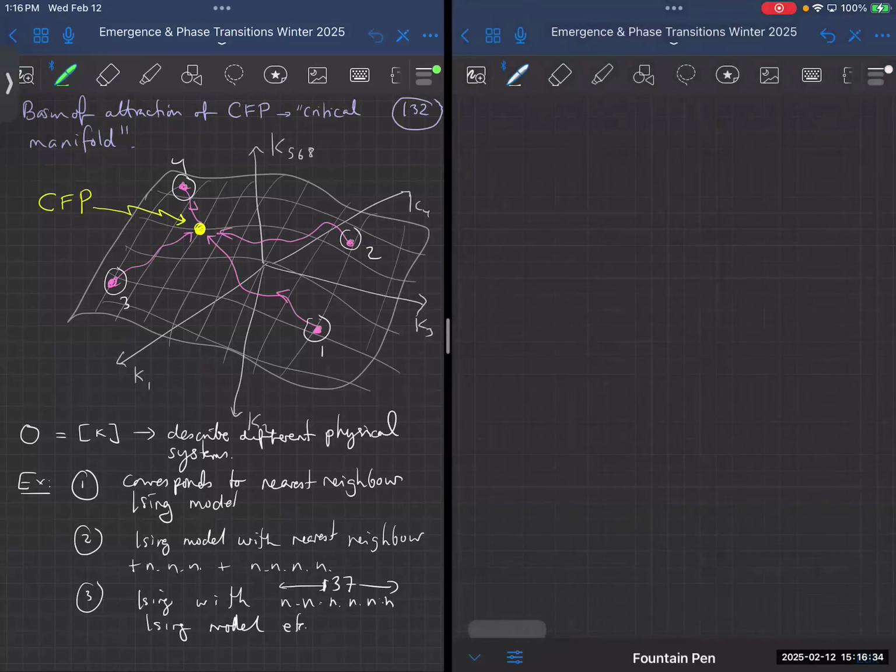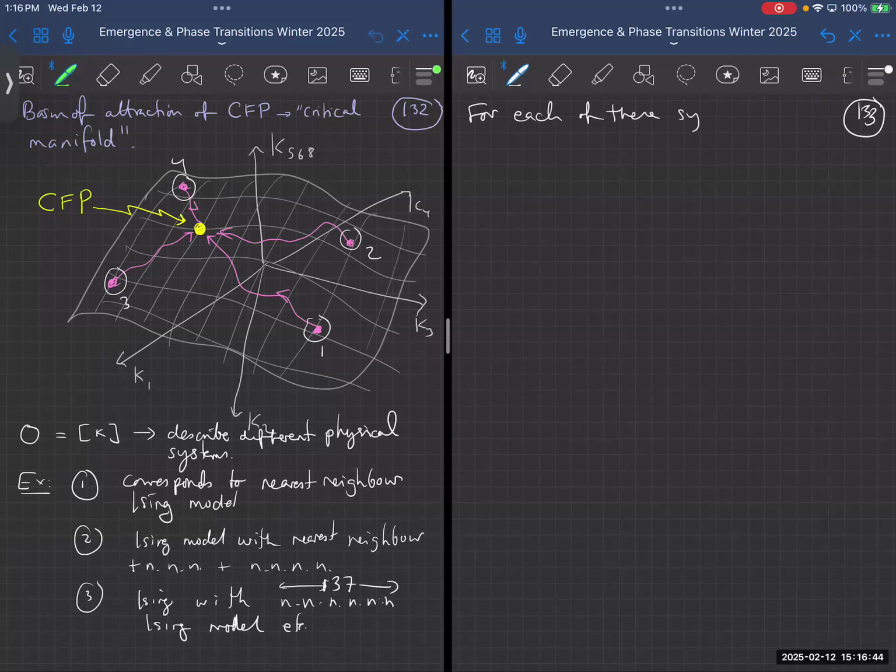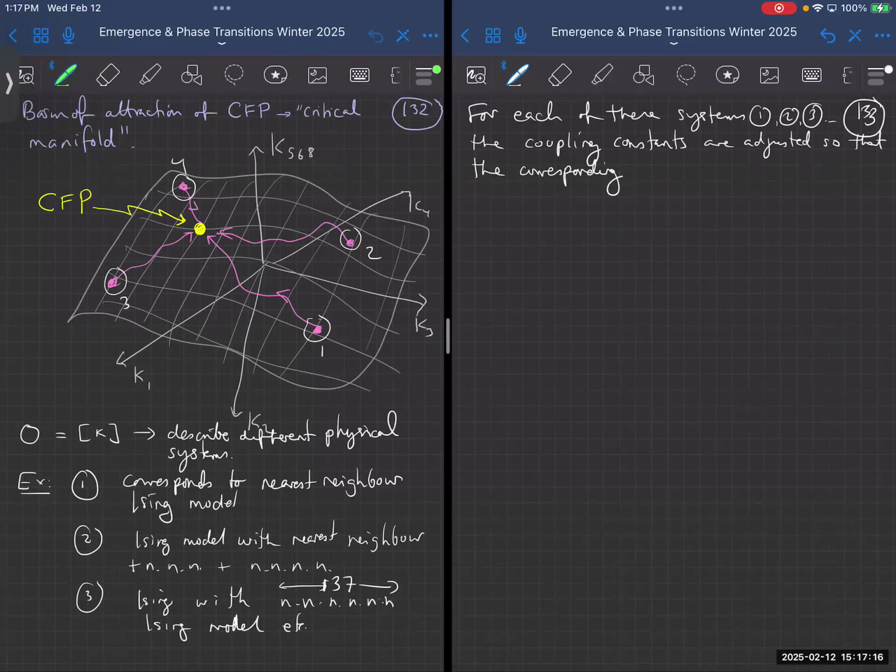So the important thing for each of these systems, one, two, three, etc., for each of these systems, the coupling constants of the 137th nearest neighbor Ising model are adjusted so that the corresponding model is at its critical point.